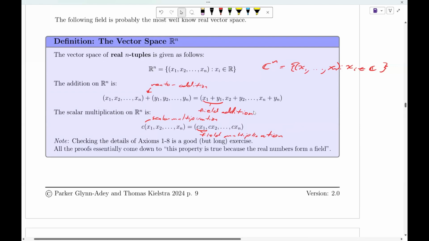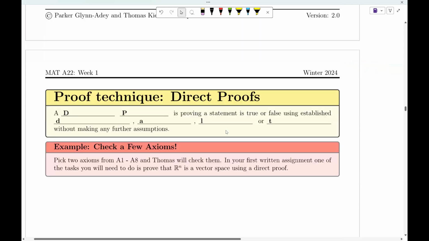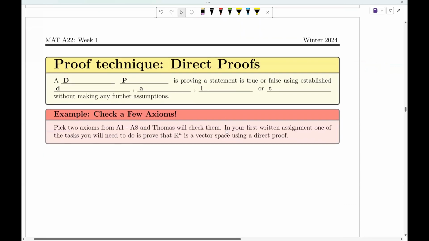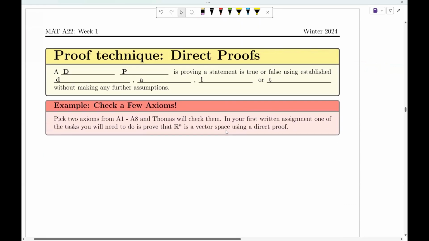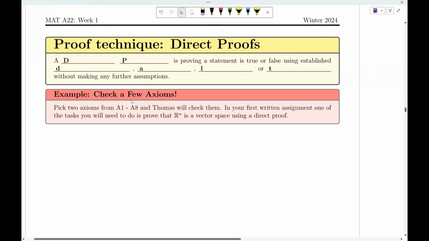And we're going to prove one of these pieces together here. We're going to use a technique called a direct proof. And for those of you who aren't familiar with proof techniques, we're going to be going over some proof techniques throughout the course.